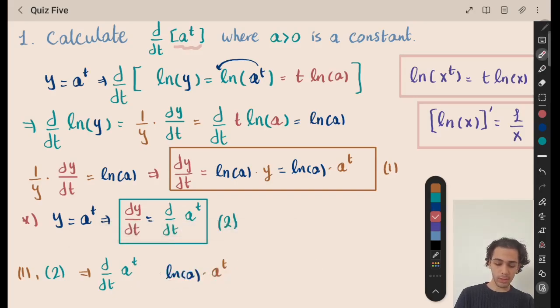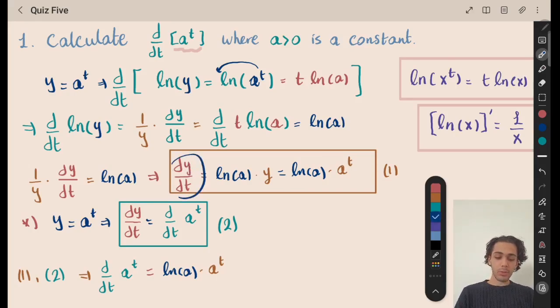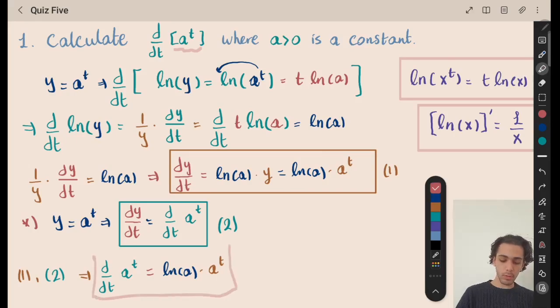We just need an equal sign here. This is because both of them are equal to dy by dt. And so that is why, in that case, they would be equal.